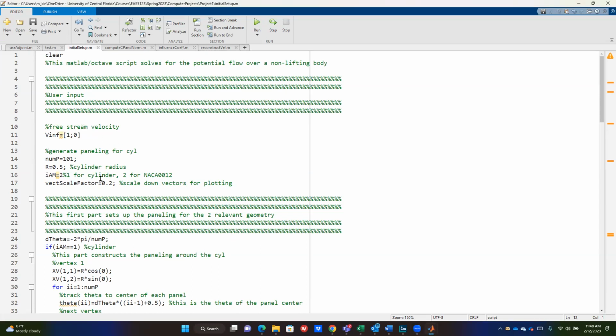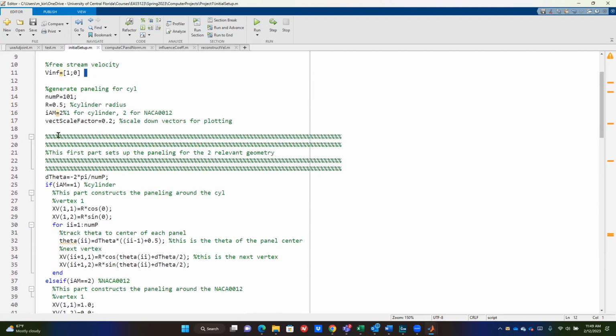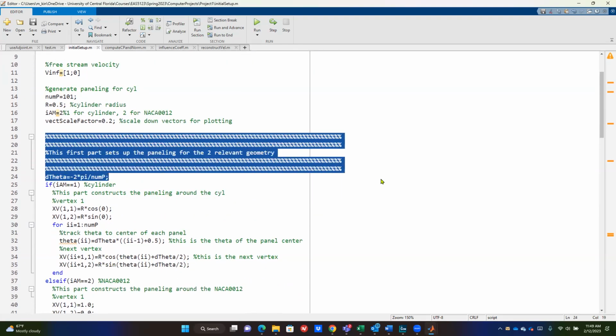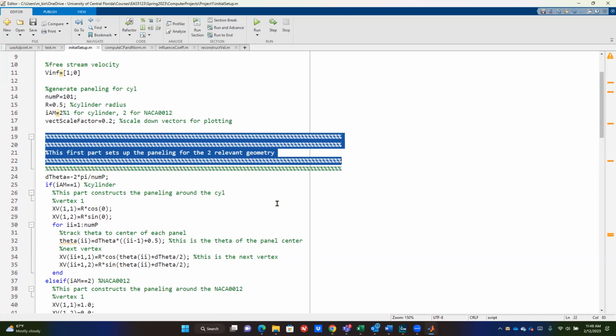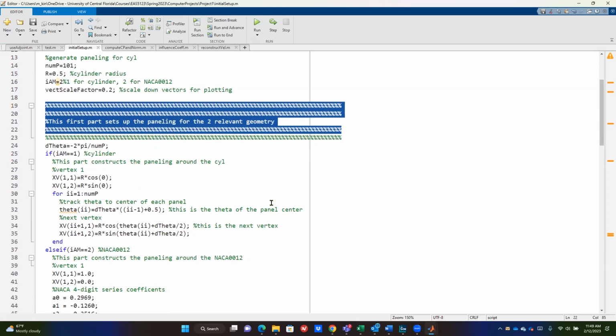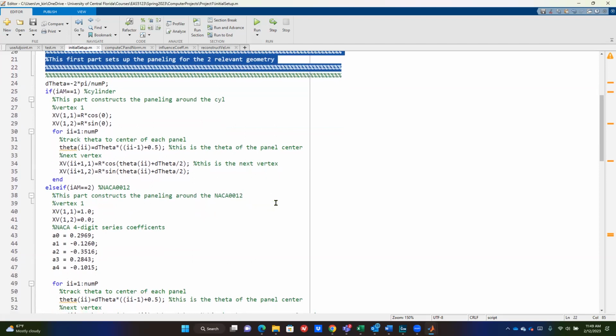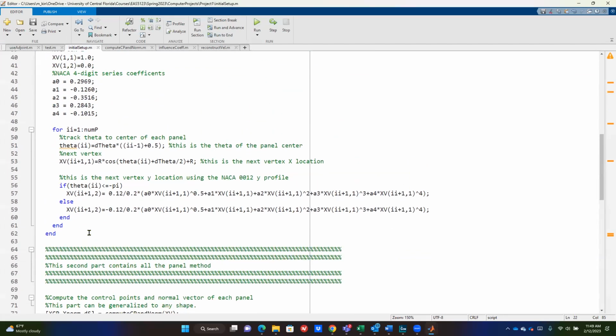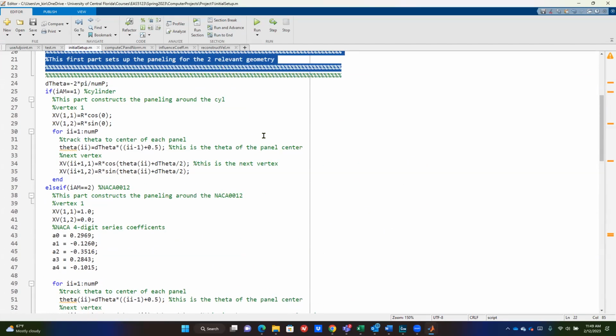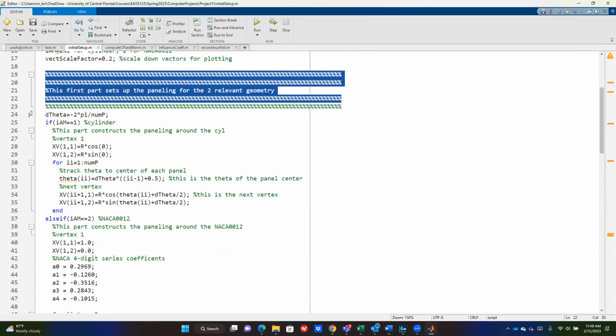Here we have our free stream velocity that specifies our free stream velocity component. Then there's this part of the code, which is how I did it. This part is really relevant to forming geometry. It's about 40 lines of code, and this is what I did to generate the geometry.